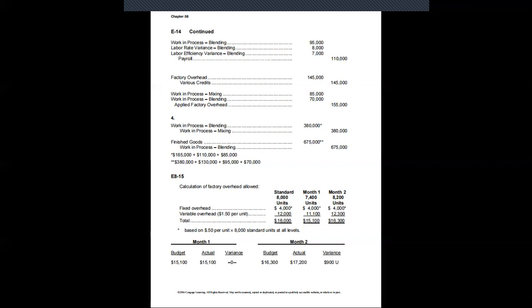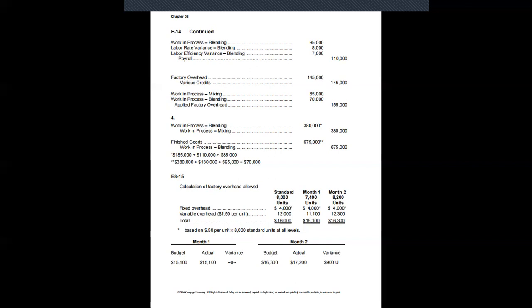In month 1, given is the budget. In month 1, we had the actual overhead of 15,100. The budget was at 15,100. In month 2, we have the actual of 17,200 as given, and we have now the budget equal to 16,300 as computed above.